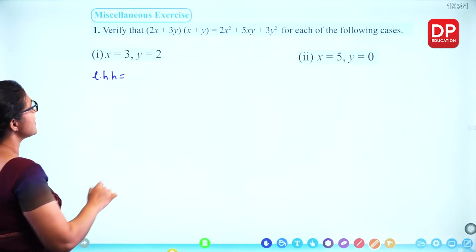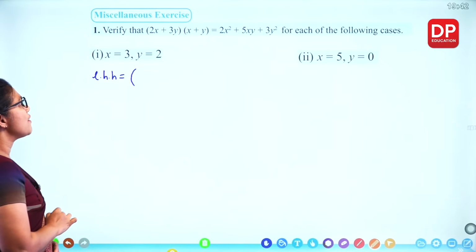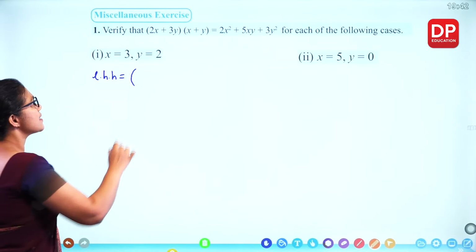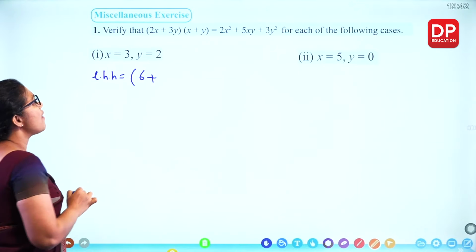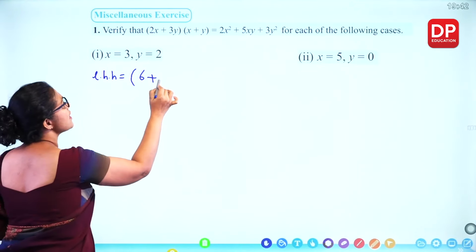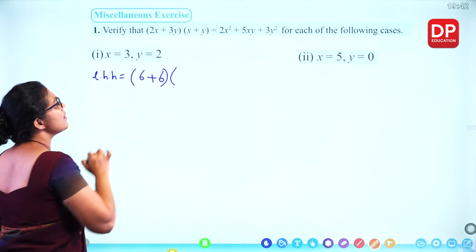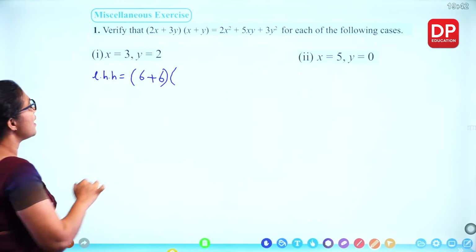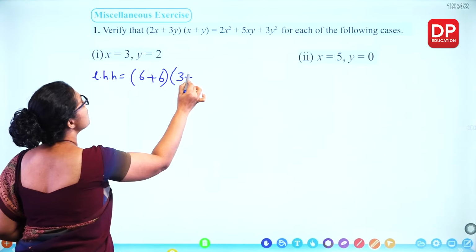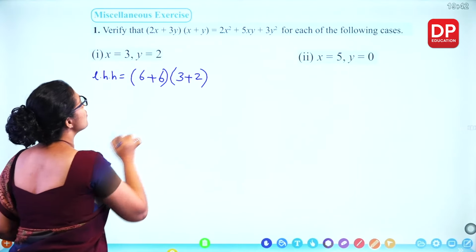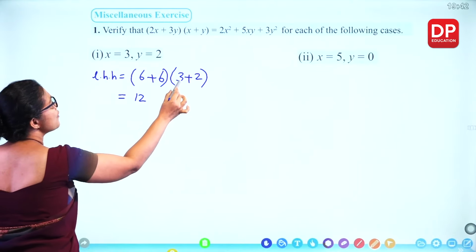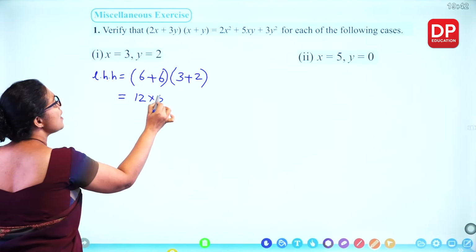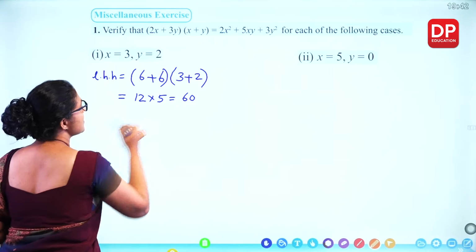Straight away we'll substitute 2x. 2 times 3, 6. 3y. 3 times 2, 6. Then there's a bracket. What's the x value? 3. What's the y value? 2. So when you are simplifying, 6 plus 6 is 12. 3 plus 2 is 5. 12 times 5 is 60.